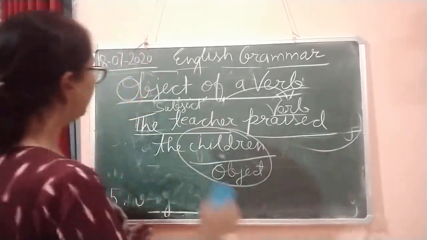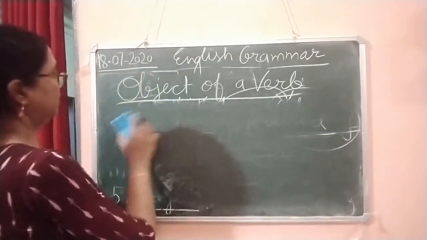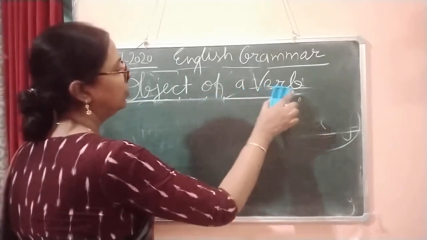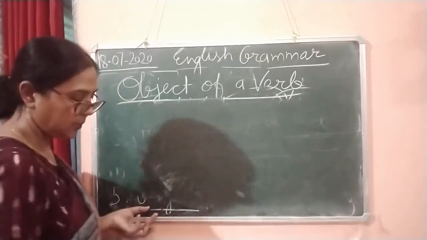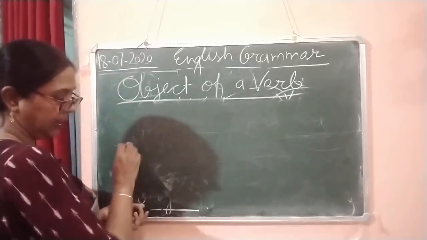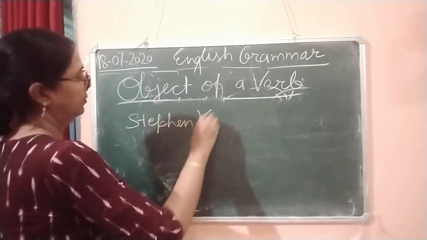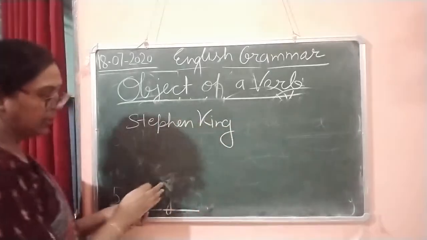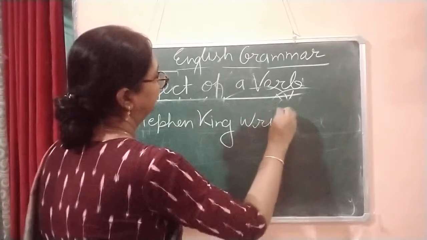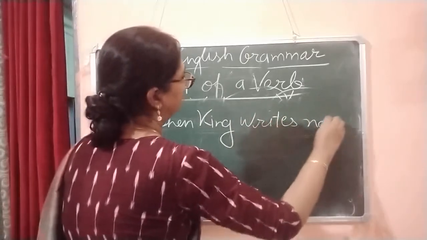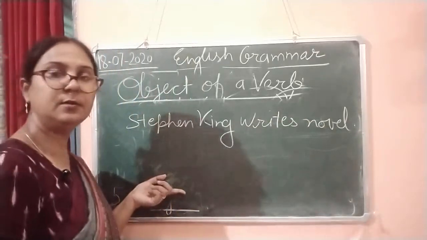Now, one more example I would like to give you. It will help you to understand what an object is. Now, Stephen King writes novels.